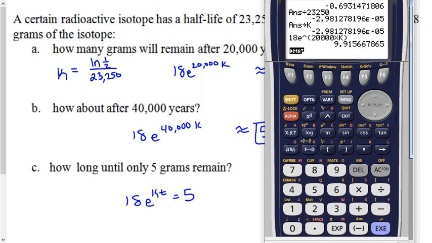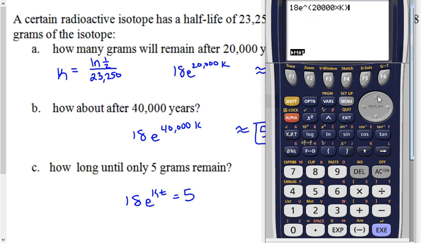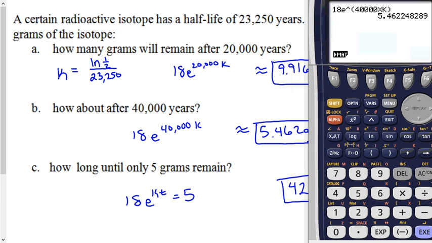Okay. For the second one, we're going to do the exact same thing, except instead of using 20,000, we're going to use 40,000 for it. So I can actually just go back over here, and we'll just say delete. We'll put in a 40, and that's where we get our next one then as well. So 5.4622.